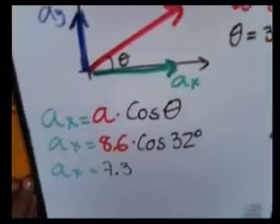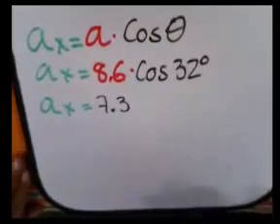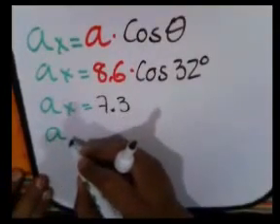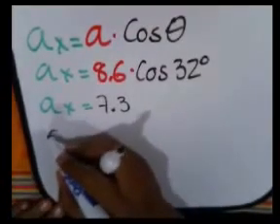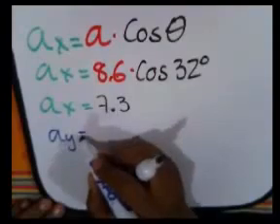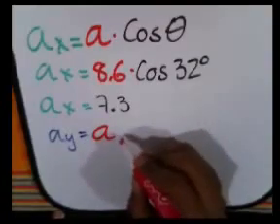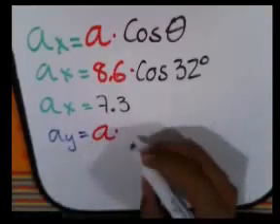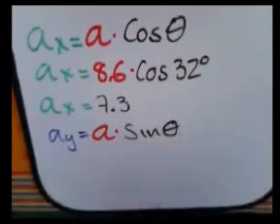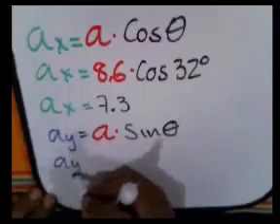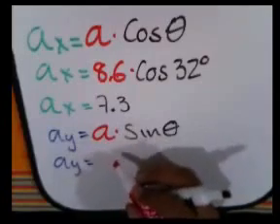Okay, now what if I want to obtain not the x component, sorry, but the y component? If I want to obtain the y component of the vector, I would have to multiply the vector itself times the sine of the angle. If I do that, the value of A is still 8.6.